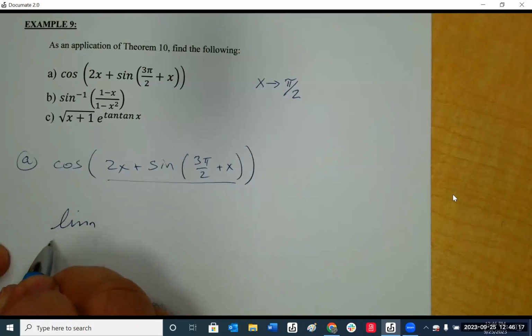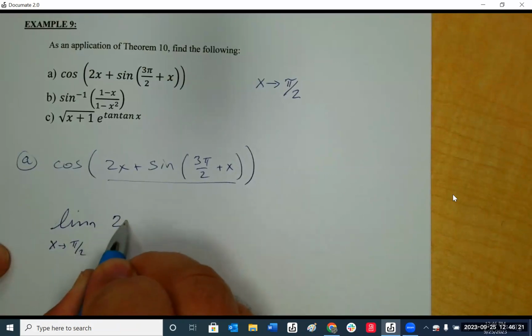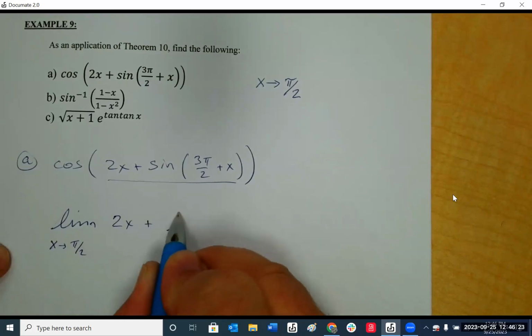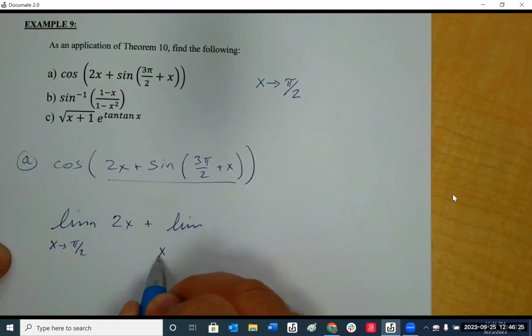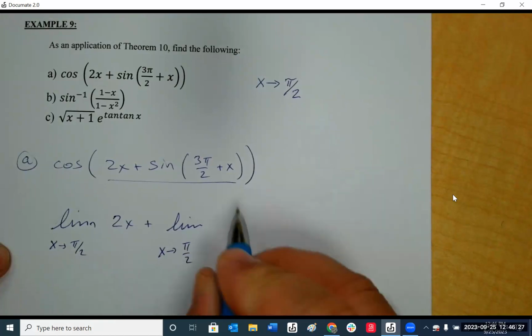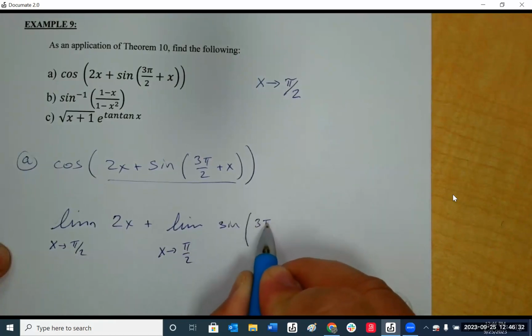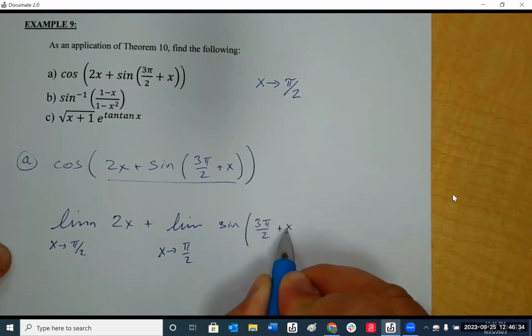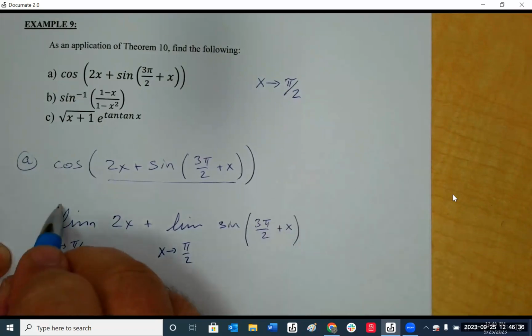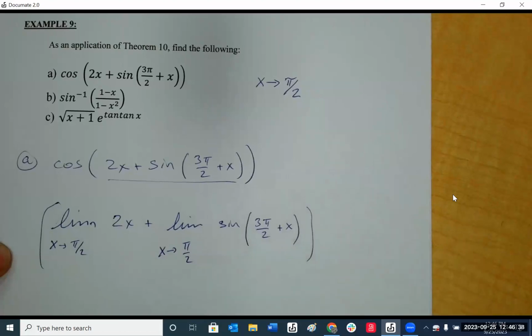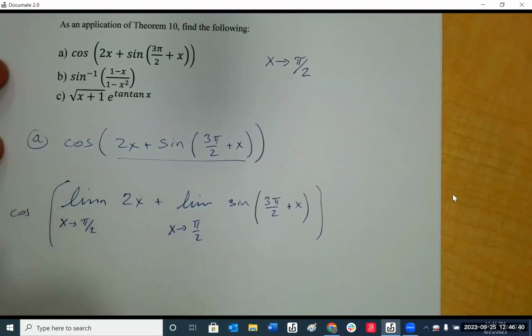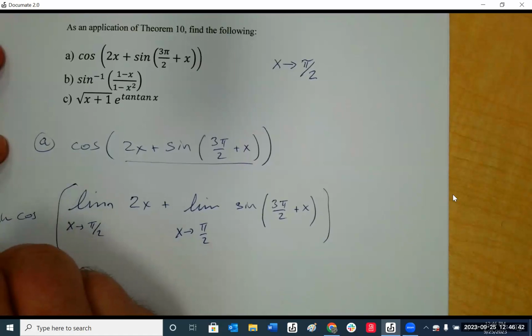So the limit as x approaches pi over 2 of 2x plus the limit as x approaches pi over 2 of sine of 3 pi over 2 plus x, and the cosine out in front, because we're going to take the limit outside.